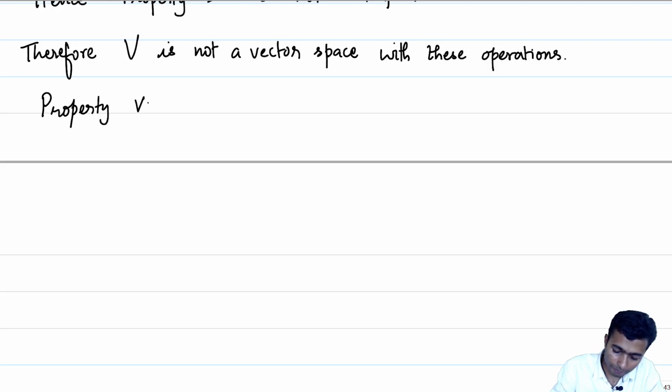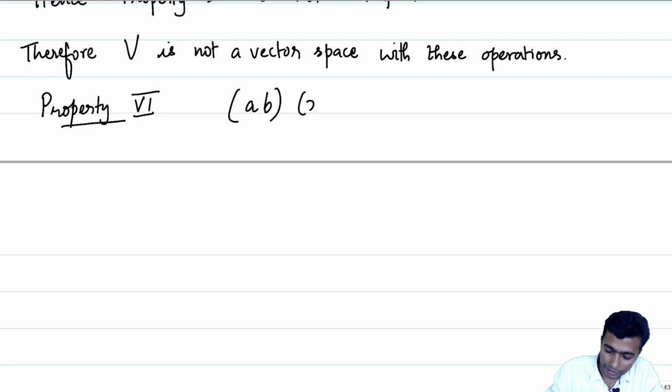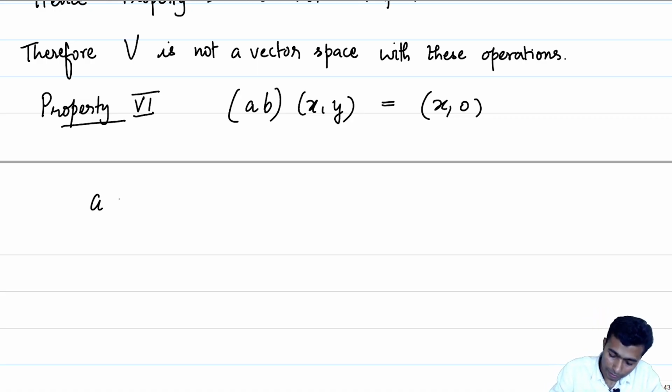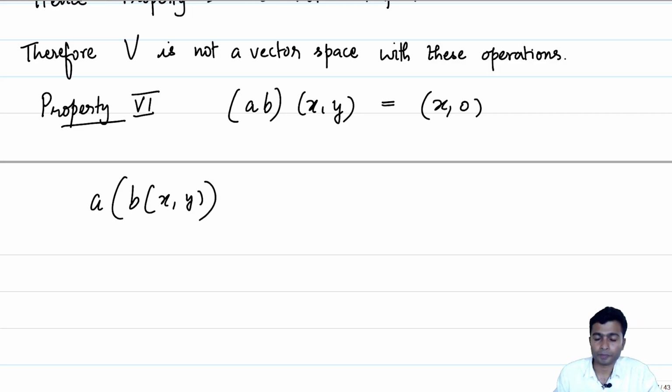Property 6 was about the multiplicative associativity, right? So if you look at (ab) times say (x, y), any scalar times (x, y) by the scalar multiplication is just going to be (x, 0), the first coordinate and 0 in the second coordinate. But we demand that this be equal to a times (b times (x, y)). And what is this?